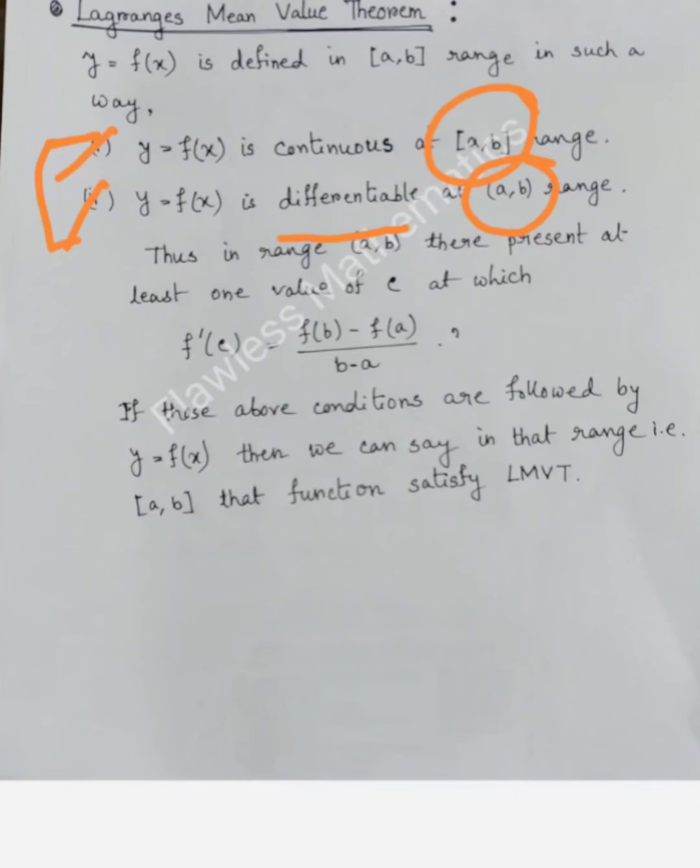But there is a change in the third condition: in the range a comma b there is at least one value of c at which f dash c equals f of b minus f of a divided by b minus a. For example, in the range 3 comma 4, we put first 4, so f of 4 minus f of 3 divided by 4 minus 3, that is 1.